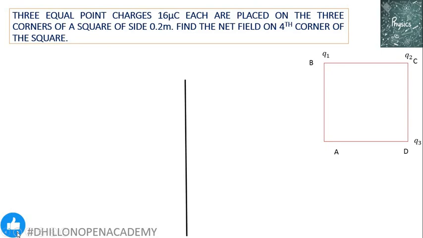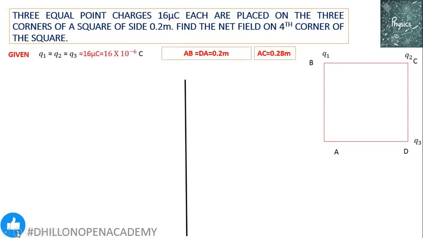In this case, again the process will be same. We will be placing a test charge plus Q0 at point A and then indicate the field of Q1, Q2, Q3 one by one.